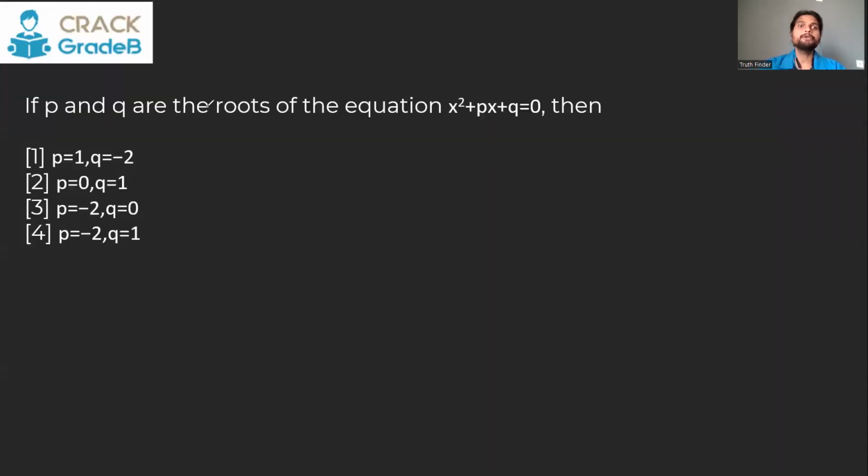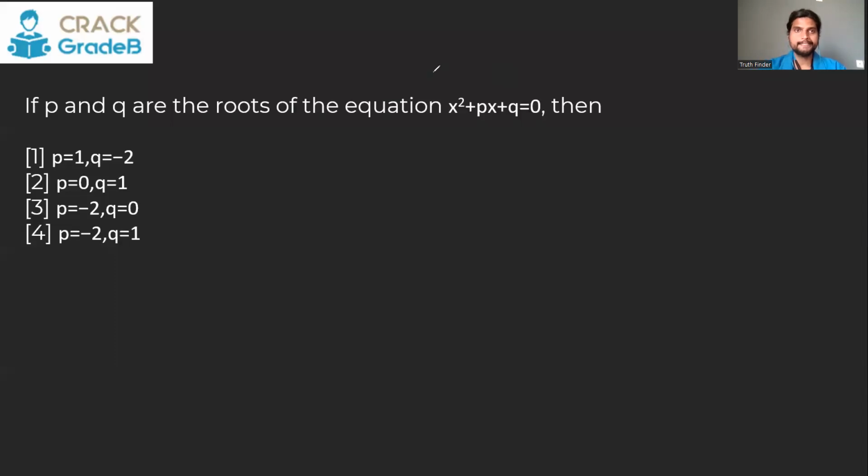It says if p and q are the roots of the quadratic equation, then what are the values of p and q? Basically, they're asking. Okay, let's see this. If p and q are the roots, so the sum of the roots, p plus q, will be minus b upon a.